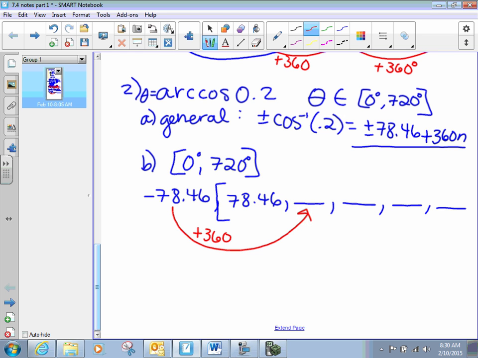When I add 360 to negative 78.46, I get 281.54. So I'm going to add 360 again, and I get 641.54. If I try to add 360 again, I would go over.